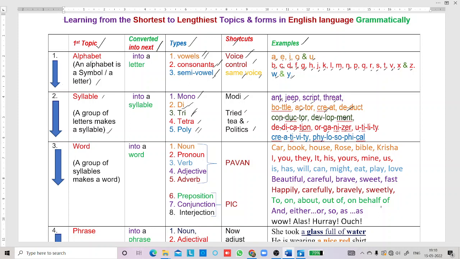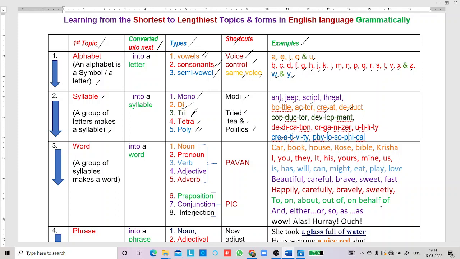So here each word consists of more than four syllables: creativity, philosophical. And in my next video, I will give you the details about syllables, the different types, and how we can make them.